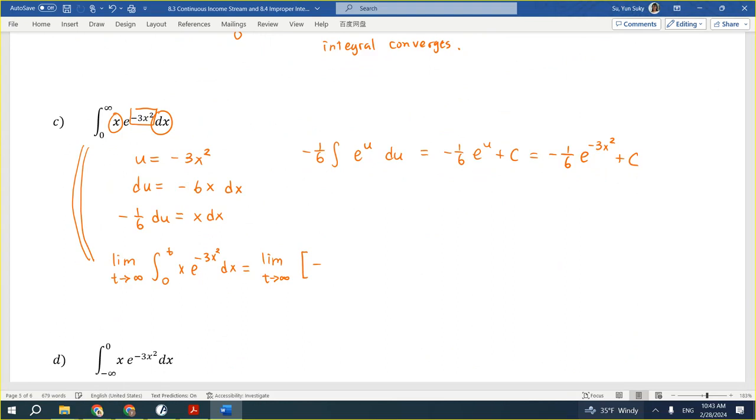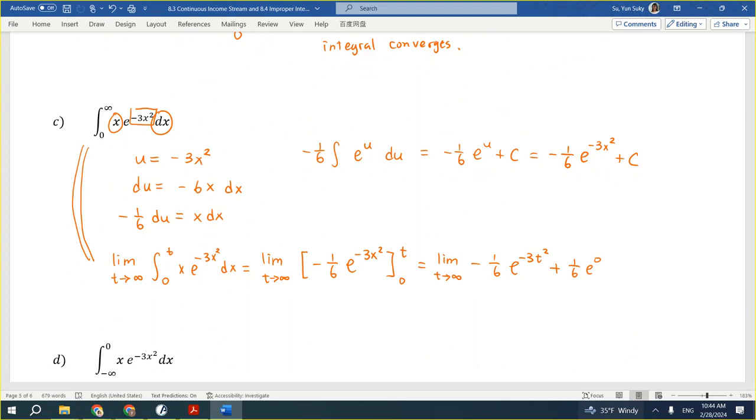My integral is minus 1 over 6 e to the negative 3x squared, evaluated from 0 to t. So we plug in t first: minus 1 over 6 e to the negative 3t squared. Minus negative becomes plus 1 over 6. Do you see it's e to the 0 now?